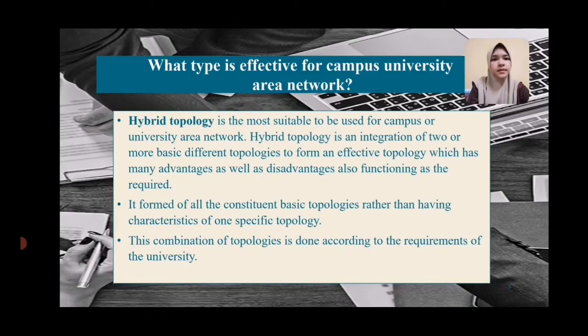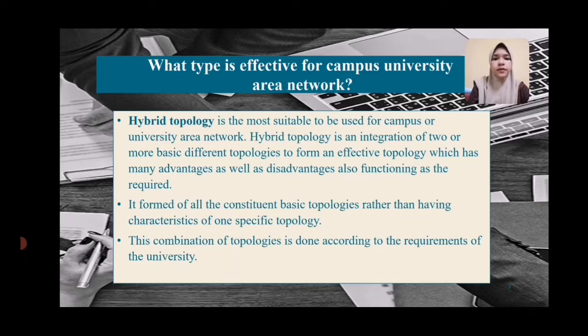Okay, first, what type is effective for campus university area network? Hybrid topology is the most suitable to be used for campus or university area network. Hybrid topology is an integration of 2 or more basic topologies to form an effective topology which has many advantages, also disadvantages, and functions as required.